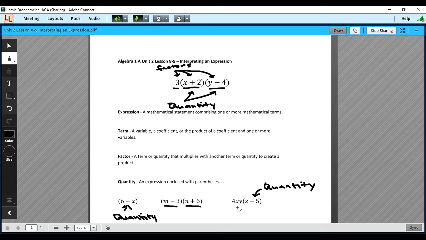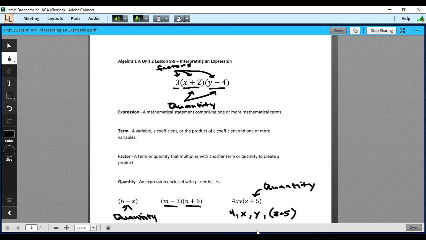We don't show those multiplication operations in there. It's just understood that those are being multiplied together. So the factors of this expression would be 4, x, y, and then that quantity z plus 5. So this actually has 4 factors, and they would be those particular ones.